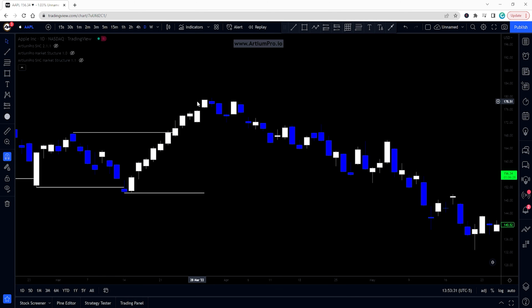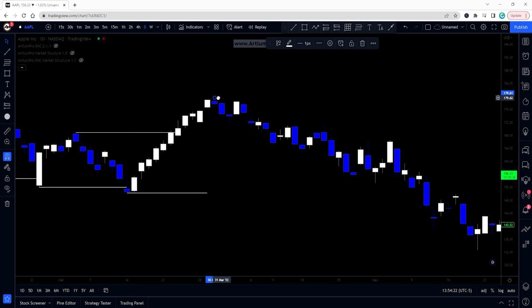So we're going up, going up, going up, and we want to determine the high point, which looks to be here. I'm going to put my high right here, and we cemented this high because this candle closed below the previous candle's low.